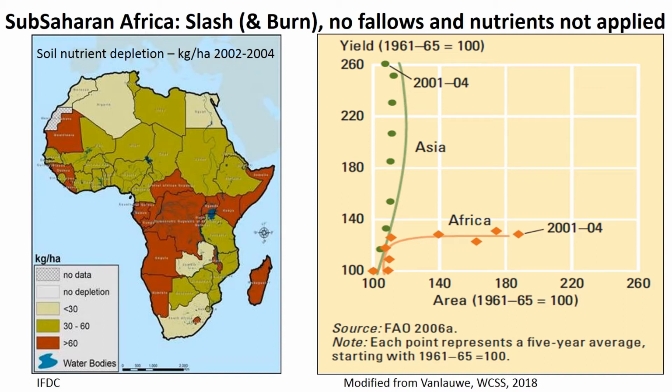And so why do we have low yields and hungry people? Well, the method of slash and burn, and then after a while there's not very much to burn, continued without a fallow period to replenish the nutrients and without adding nutrients.